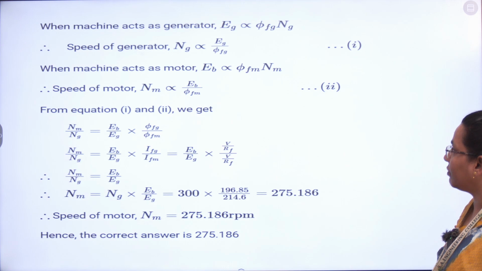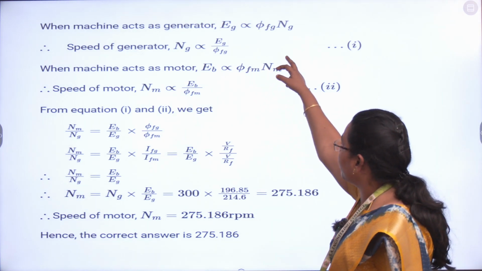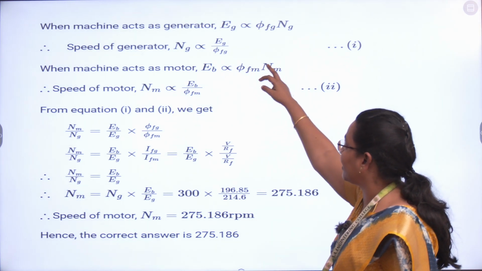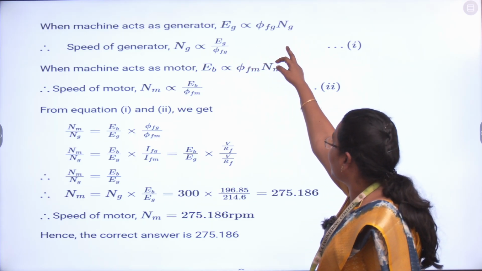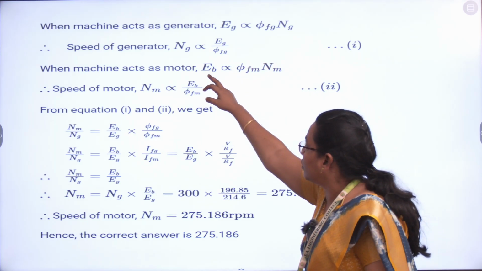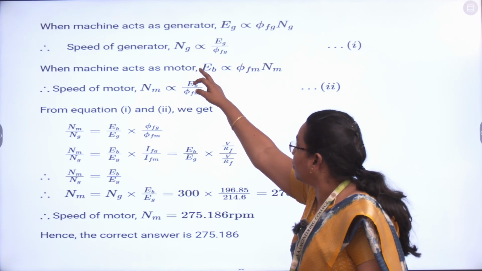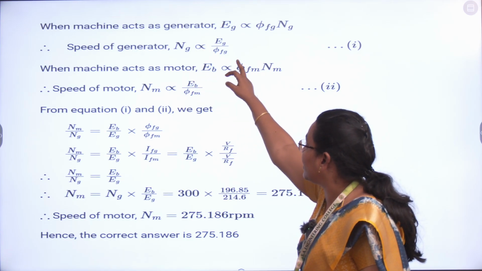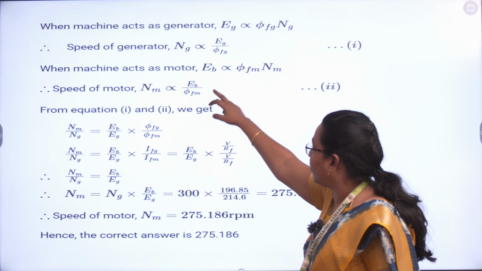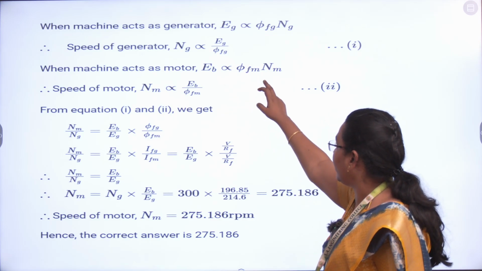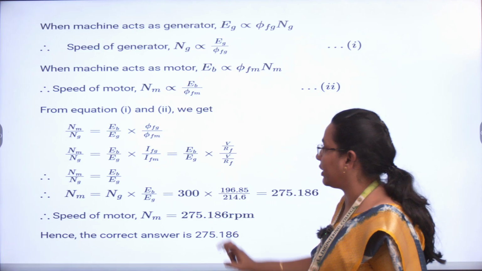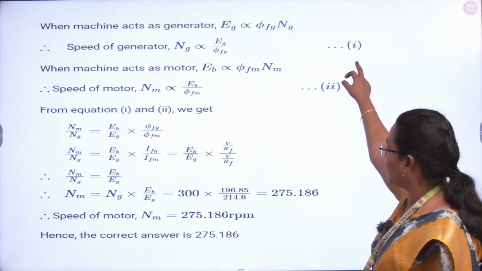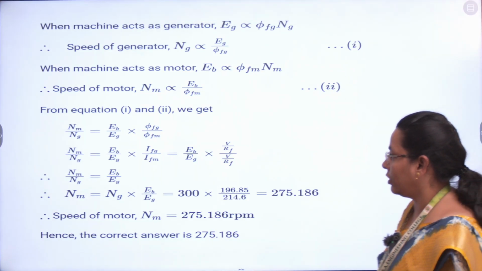Next, we know this formula, E proportional to phi into N. For the generator I am taking G. So Eg proportional to phi G into Ng. I want only speed, so speed Ng proportional to Eg divided by flux. For the motor, Eb proportional to phi m into Nm. Therefore Nm proportional to Eb by phi m. So this is equation 1, equation 2.